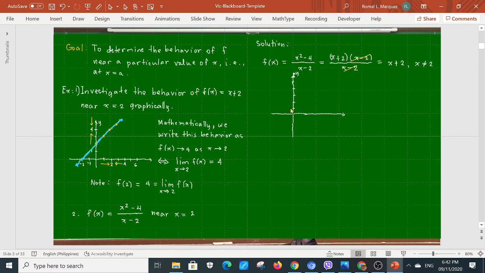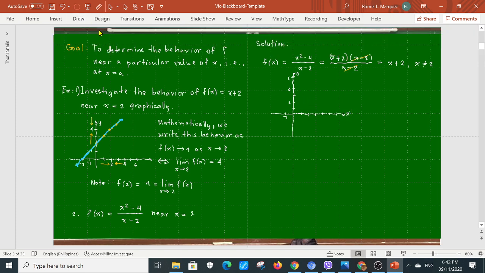This is y. Again, this is 2, this is 4, and this is 6. This is negative 1, 1, 2, 3, 4, 5, 6. This is x.